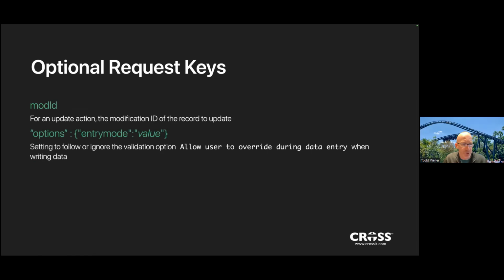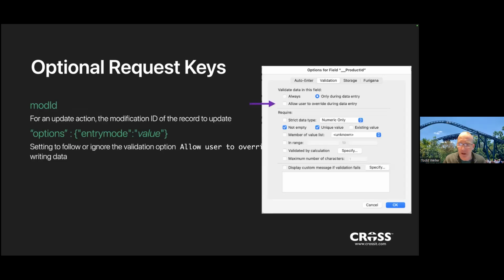And then there are also options, an options object that has two potential objects nested inside of that. The one is entry mode, and that is a setting that's going to follow or ignore the validation option that is set in the allow user to override during data entry when they're writing data to that field, which you can see right here on the validation tab.